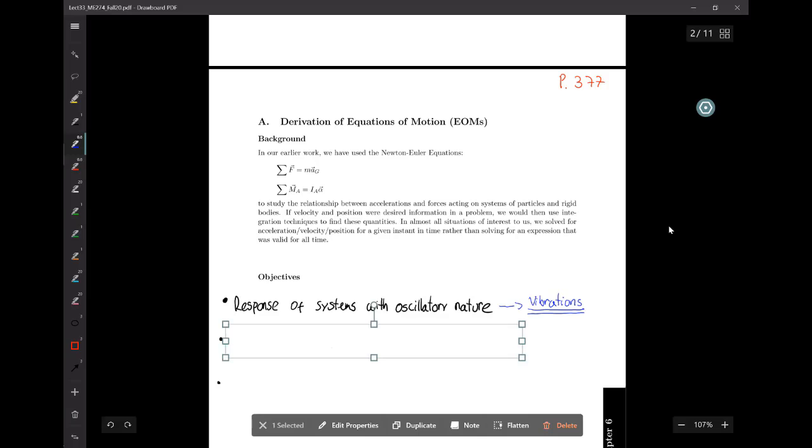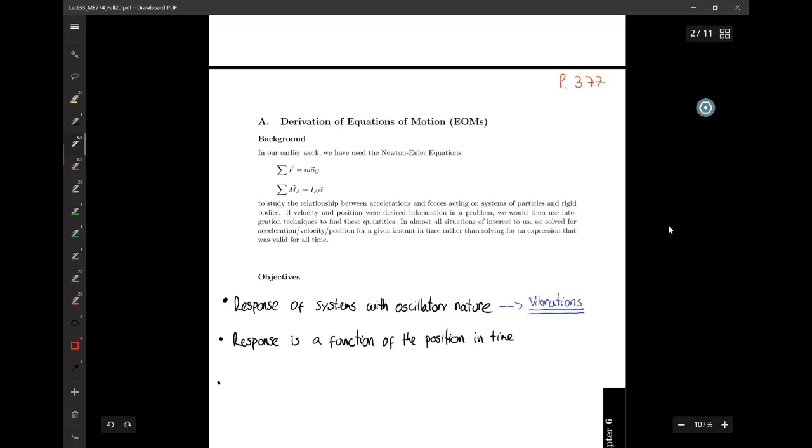So if we have to look at how something is changing in time, when we're solving our equations, we're going to be able to write these quantities as a function of time. And typically what we want is to know the position of our particles, right? So we're going to have to get now time-varying functions. That is going to be our answer.